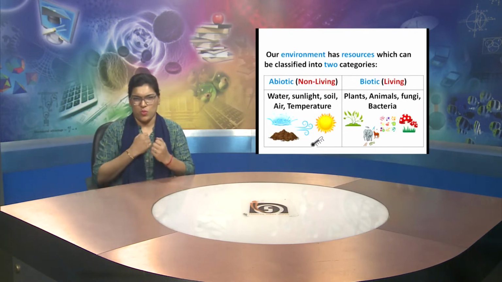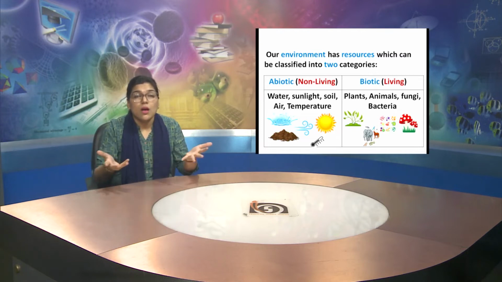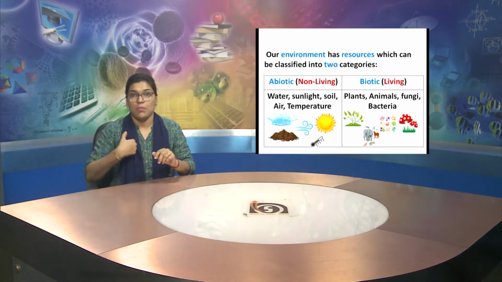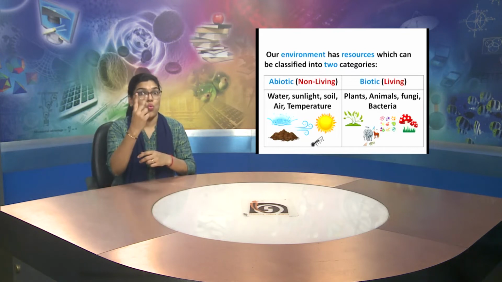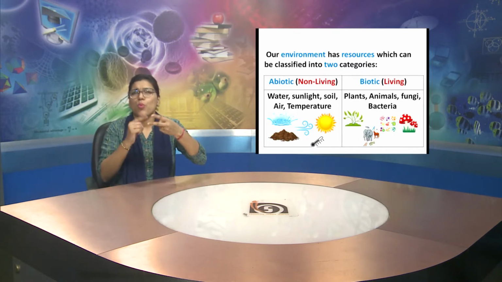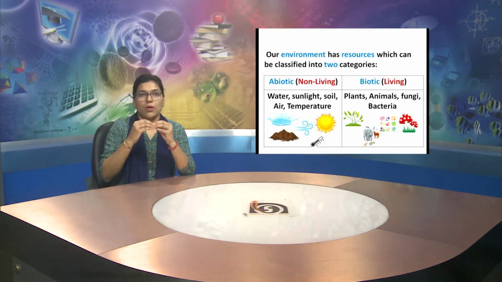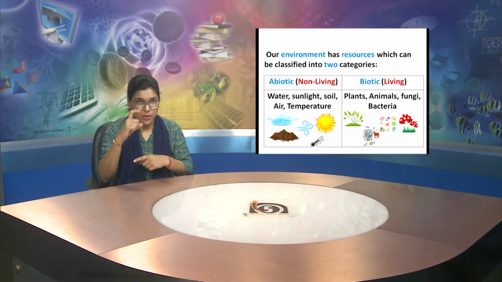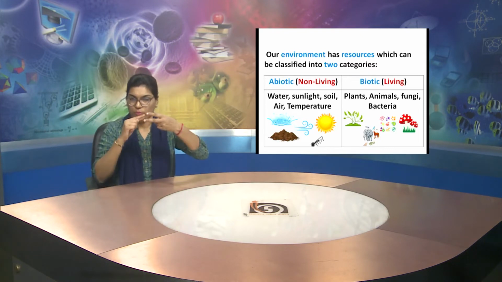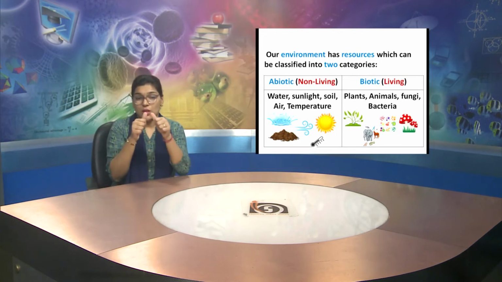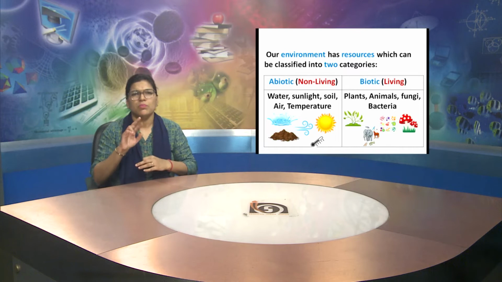Now let us begin our lesson. As you can see on the screen, there are different kinds of resources available in the environment, and those resources can be categorized into two categories. The first one is abiotic and the other one is biotic. Let us first understand the meaning of abiotic.